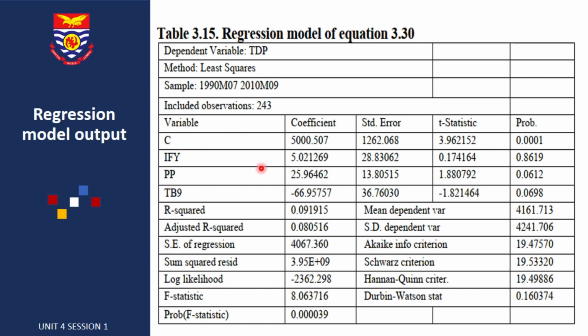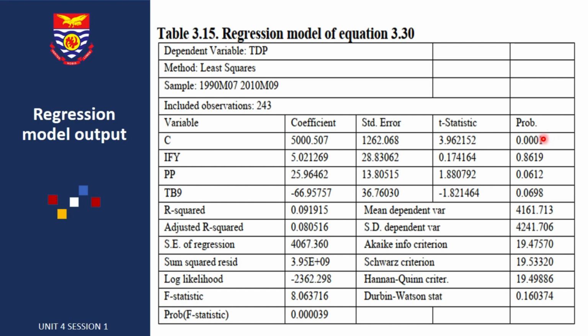estimation, and we are likely going to use these results in the subsequent session to explain how there is autocorrelation among these series, or we are going to subject these test results to an autocorrelation test.